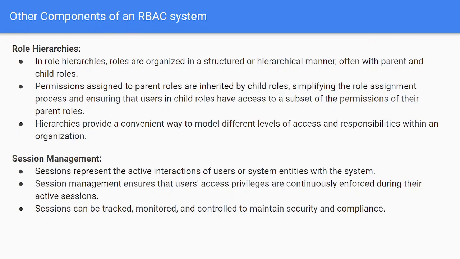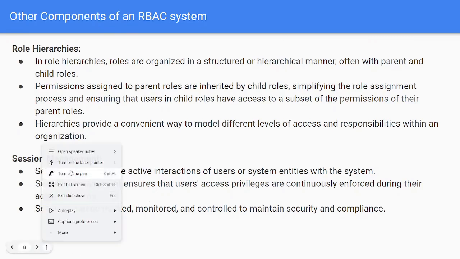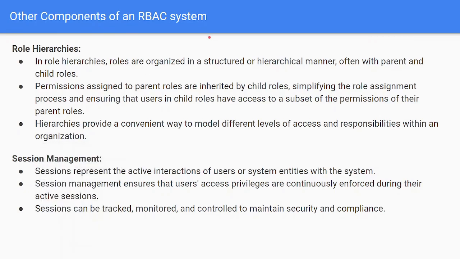Basically, when you say something is a hierarchy, it means that there is a parent and there's a child. There's somebody on top and then there's somebody under that. So let's say, for example, you have a role and this role is manager. In an organization you have a role and the role is manager.